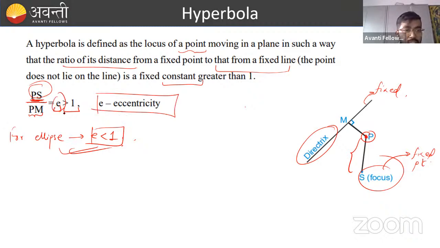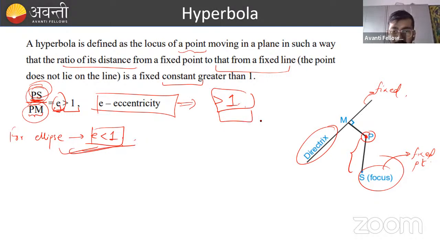The definition of eccentricity is the ratio of the distance of a point from a fixed point to that from the fixed line. Correct? So this is what eccentricity is all about. So we know that the definition of hyperbola is like this, and in this scenario, the ratio comes out to be greater than 1. The only difference is that in ellipse it was less than 1, in hyperbola greater than 1.